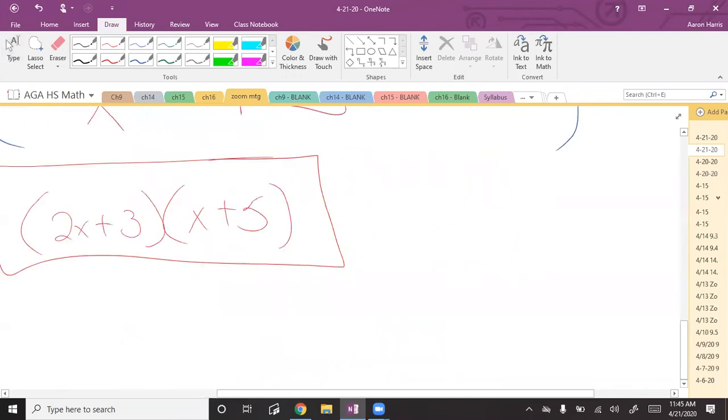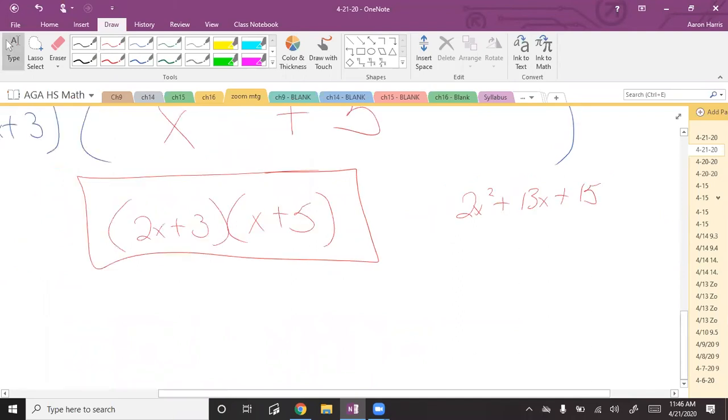And let's prove that. 2x squared plus 13x plus 15. Remember, factoring is the opposite of distributing. So if I distribute, can I prove that these two are equal? Yes. There you go. So let's prove it. Here's our proof.